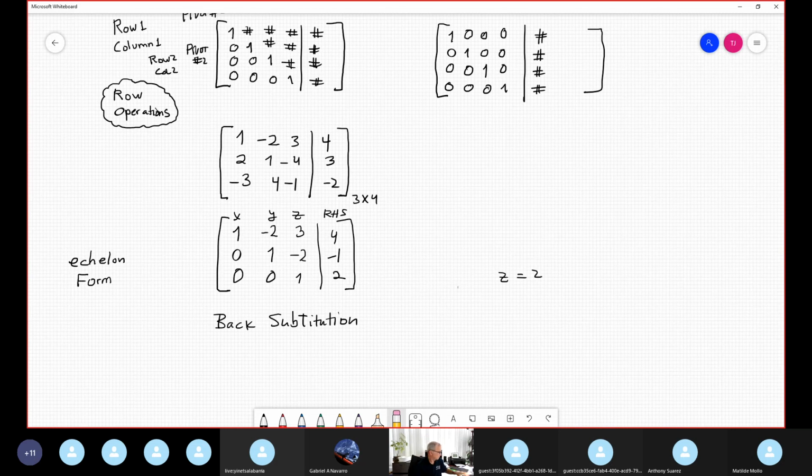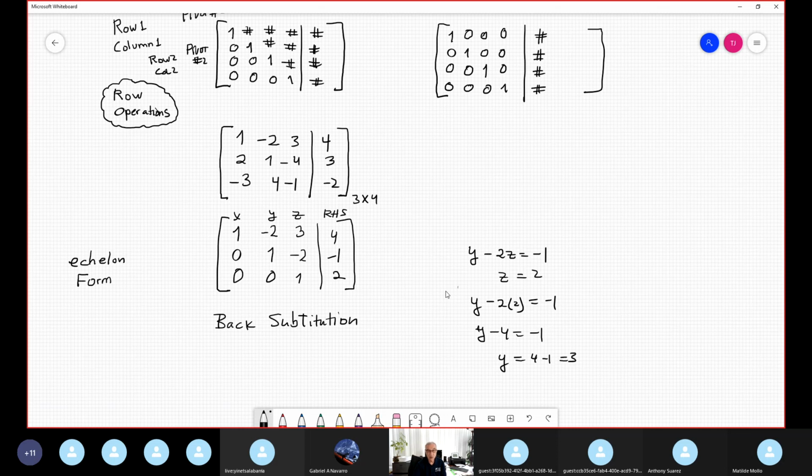Do you see that? Likewise, the second equation is no x, 1y minus 2z equals -1. But I know that Z is 2, plugging in, back substitution, then y minus 2 times 2 equals -1, y minus 4 equals -1, y equals positive 4 minus 1, which is 3.